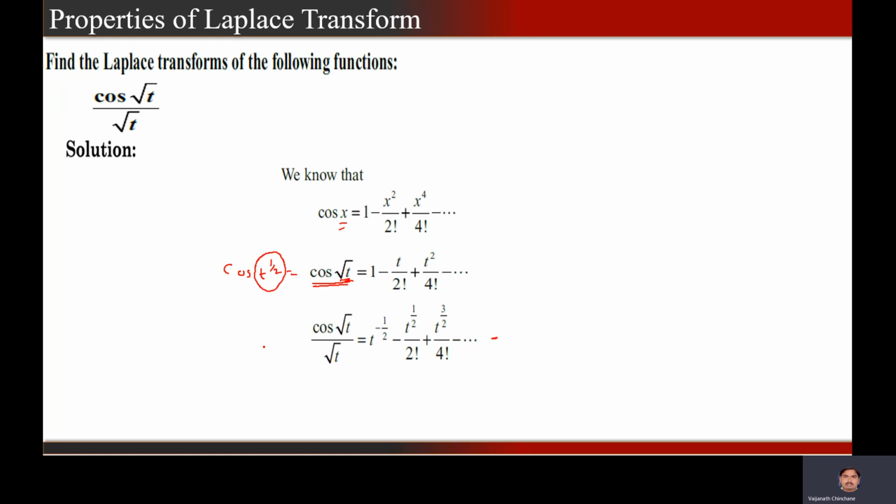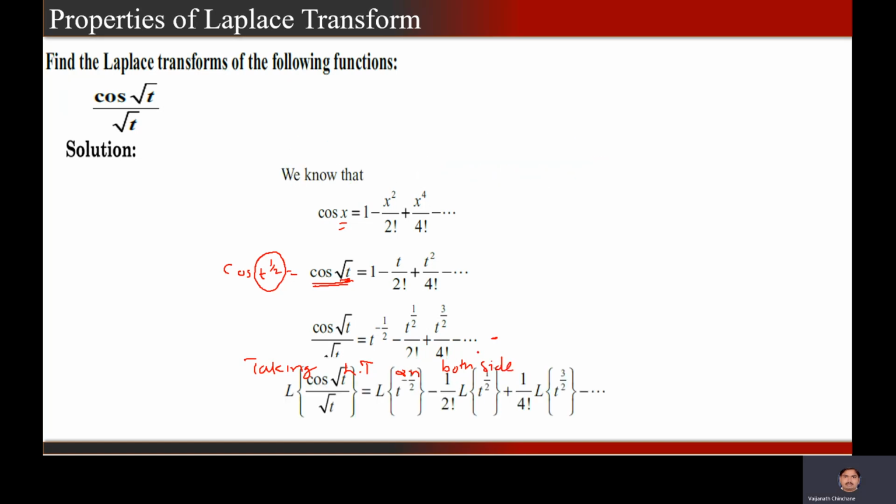Now taking Laplace transform on both sides, what do we have? We get L of cos root t upon root t equal to L of this series.